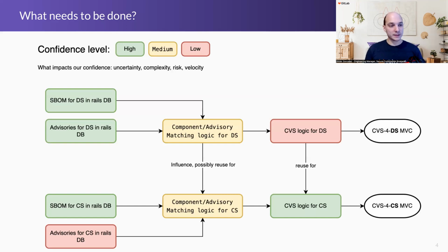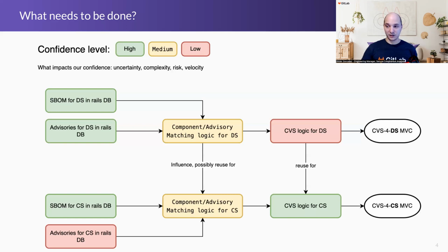Not a very high complexity, but it's hard to predict the amount of work there because this code is spread into the Rails backend. It is also mutualized between several other security reports. This means we will have to extract the bits that are specific to dependency scanning and container scanning into another abstraction level to achieve that, because we also want to maintain backward compatibility with the current approach for the third-party integrators. So this is a very uncertain part, with a high risk to achieve.